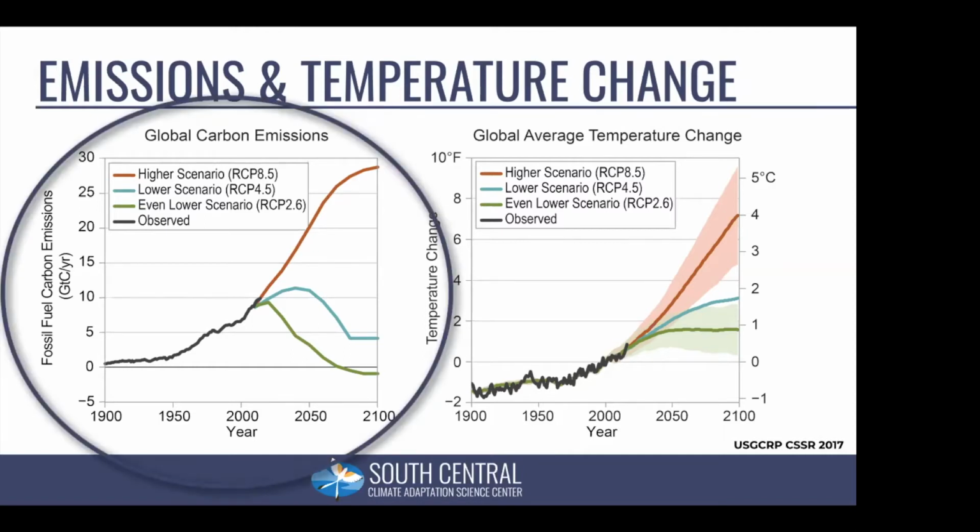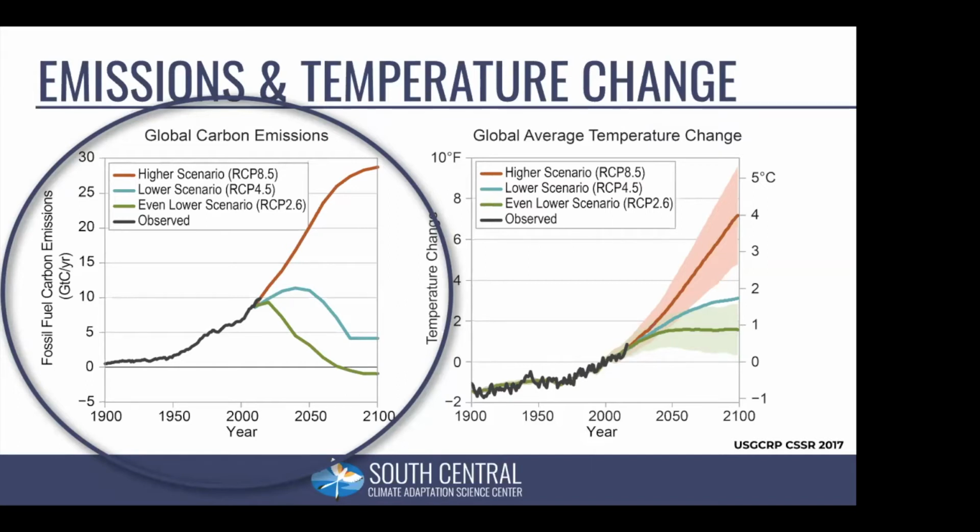There are three commonly used scenarios called RCP 2.6, 4.5, and 8.5. RCP stands for Representative Concentration Pathway, and it's a time sequence of how our climate would change if extra energy is trapped in the atmosphere.